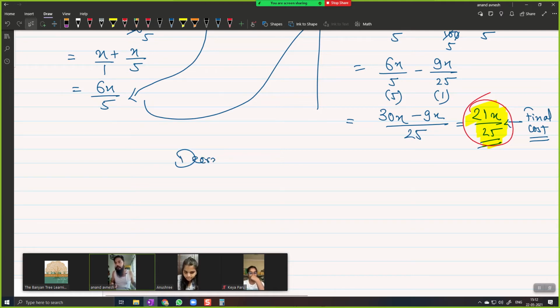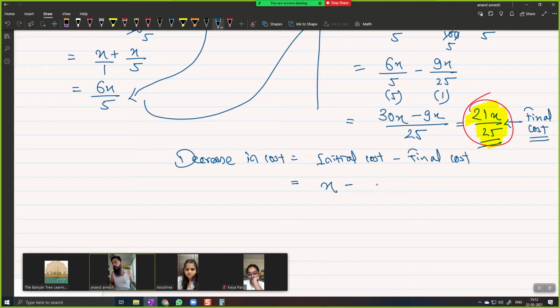So decrease in cost is equal to initial cost minus final cost. What is the initial cost? x. What is the final cost? 21x by 25.